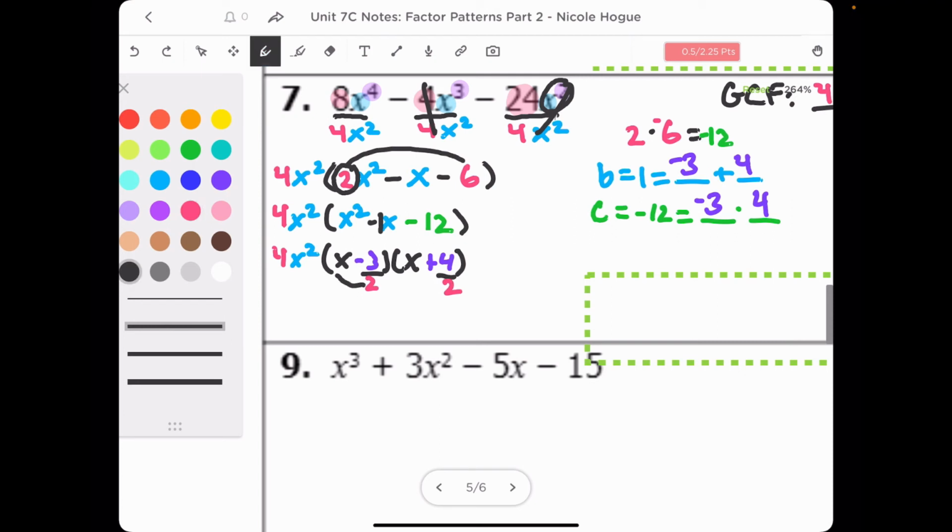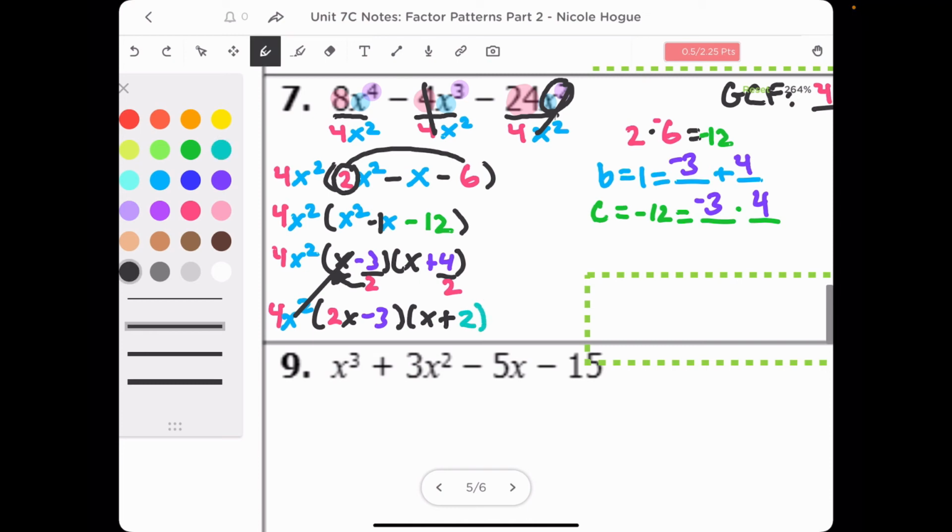Negative 3/2 cannot be simplified, so I'm going to bring down that 4x squared times. That 2 goes in front of the x, and we're left with 2x minus 3 times, and 4 divided by 2 is just 2, so we're left with x plus 2.